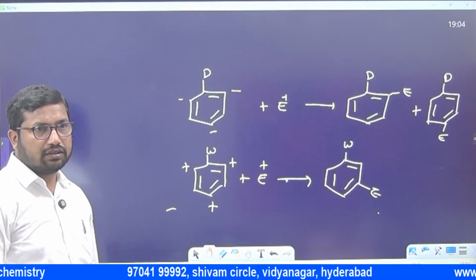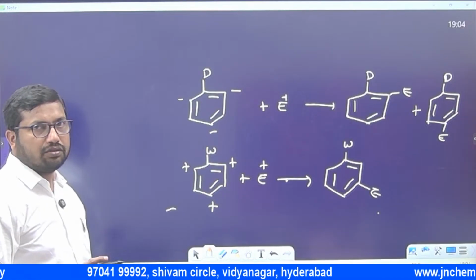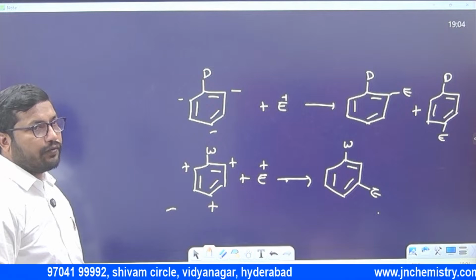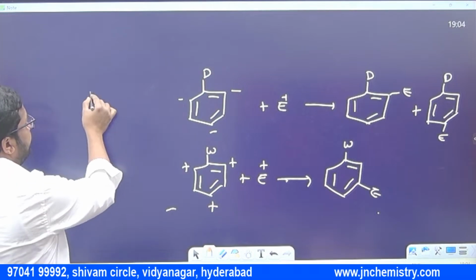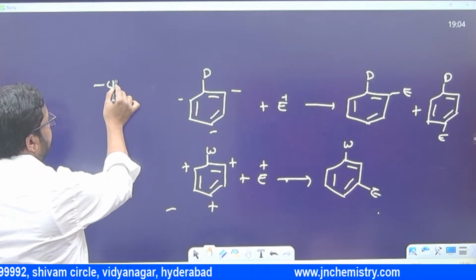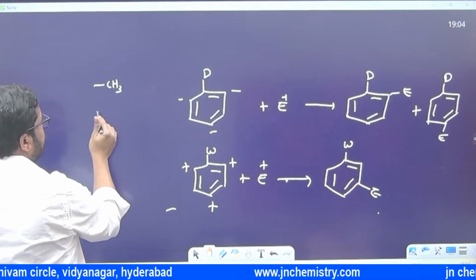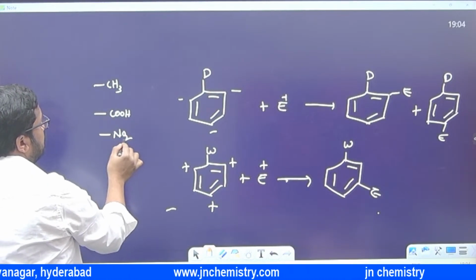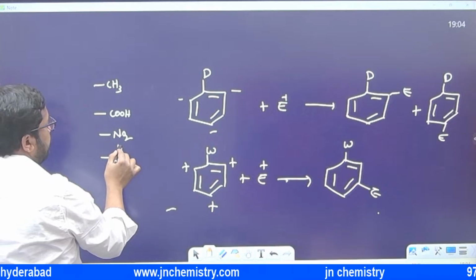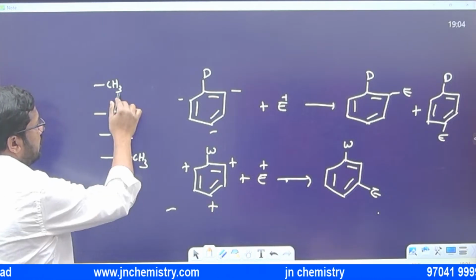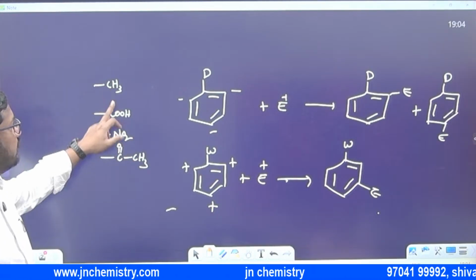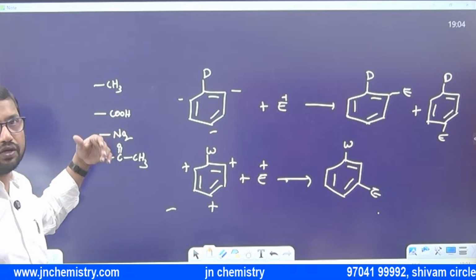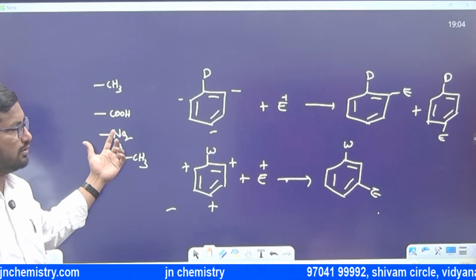So yesterday I told you, in JEE the question came from over here. For example, in one place a methyl group is given, in others COOH, NO2, COCH3 groups are given, right? Which of the following undergoes electrophilic substitution more readily?